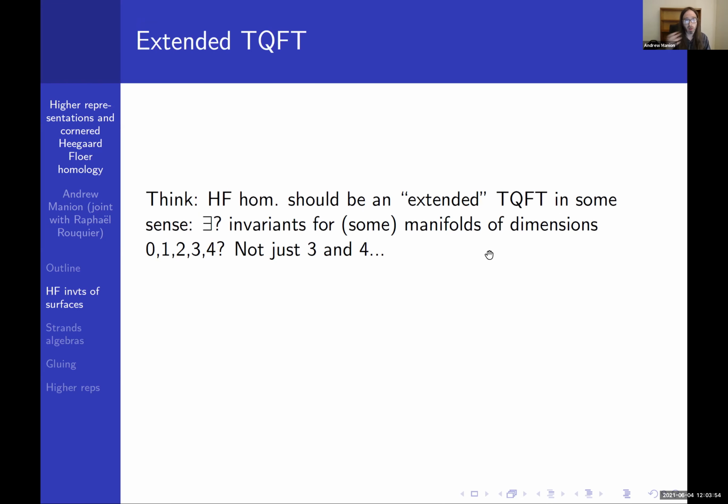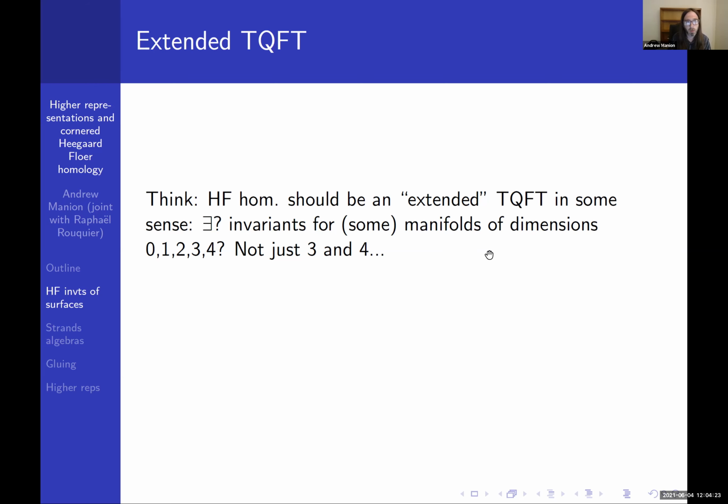Okay, so the invariants of surfaces, I claim, are an important part of Heegaard Floer homology if you want to compute the 3D and 4D structure, but also just for understanding what's going on, there's this extended TQFT philosophy, and the fact that Heegaard Floer is based in some sense on invariants for surfaces already, in my mind, places it somewhat close to this extended TQFT framework. Then you can ask about going down as well.